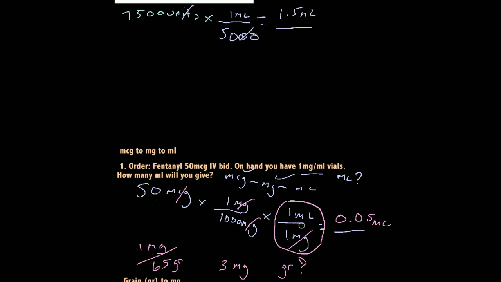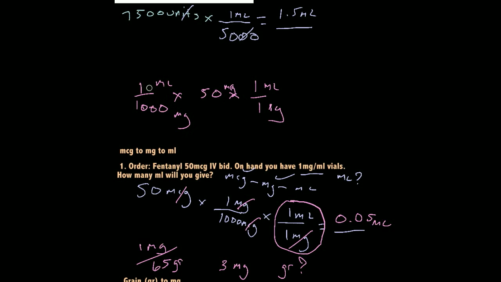It would not have made a difference if we would have set the problem up 1 over 1,000 times 50 times 1 over 1. We have the units milliliters, milligrams, micrograms, and milliliter, and milligrams. It would not have made a difference if we set it up that way.